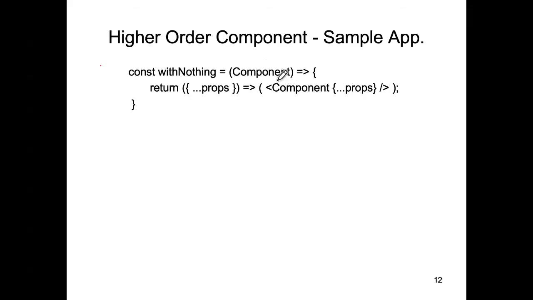The component that is being returned, which is this entire thing here, includes within its JSX the component that I passed to my higher order component function. And of course, any props that I specify for my component need to be passed on here. And that's really what's going on between here and here.